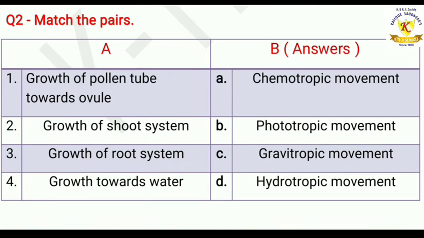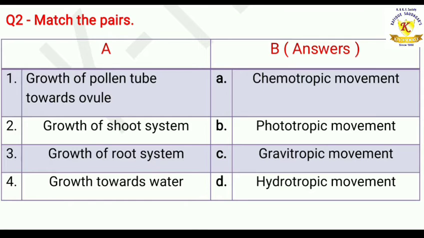Question number 2. Match the pairs. Here we have two columns, column A and column B. Column A has the questions and column B has the answers written. The first one, growth of pollen tube towards ovule. Answer, chemotropic movement.